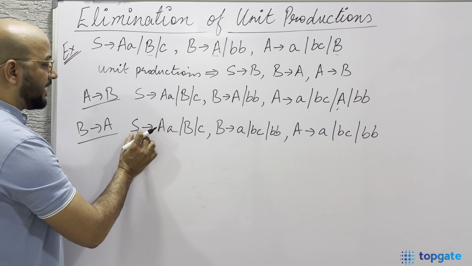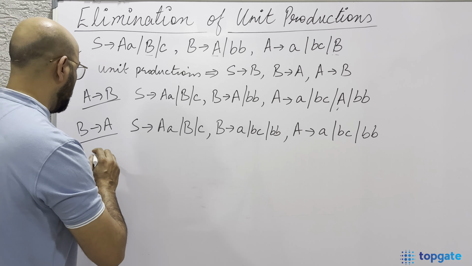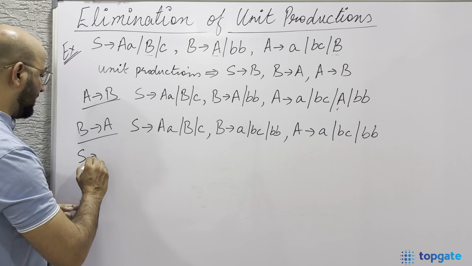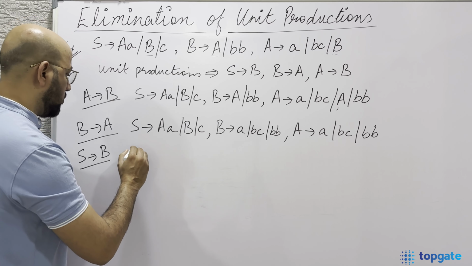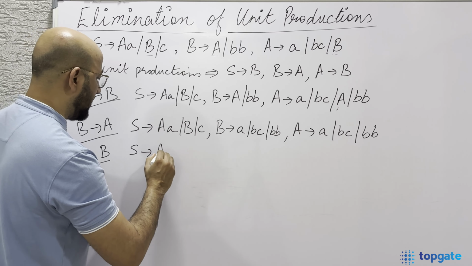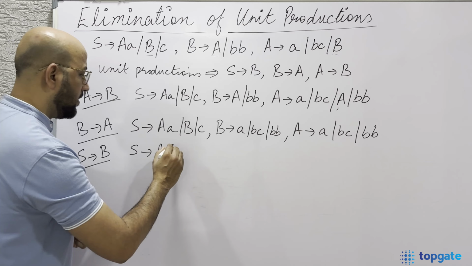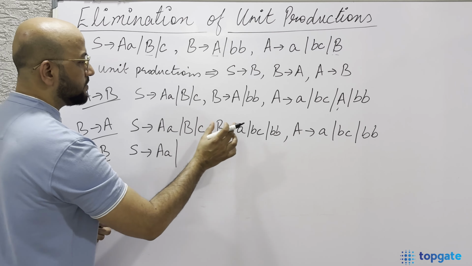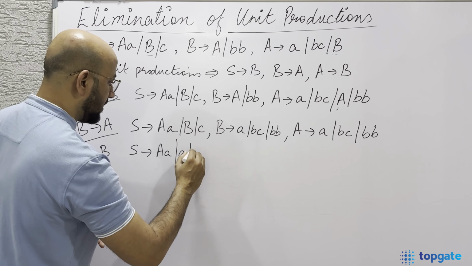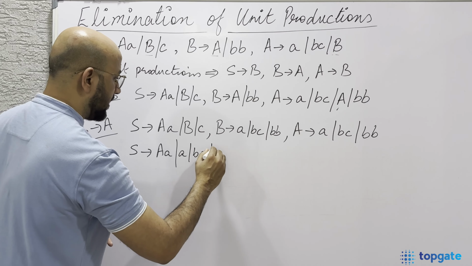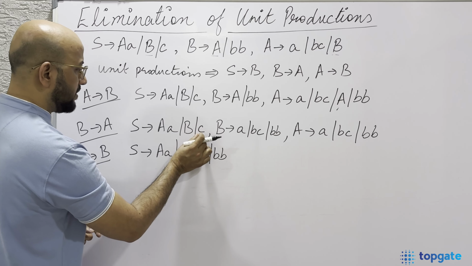Now the last one is left, S derives B. Let's remove that one too. After I eliminate S derives B, what will happen? We have S derives AA, that will remain as it is. Then on this B, I'll put all the values of B. So B is producing A slash BC slash BB, and then what is left here?